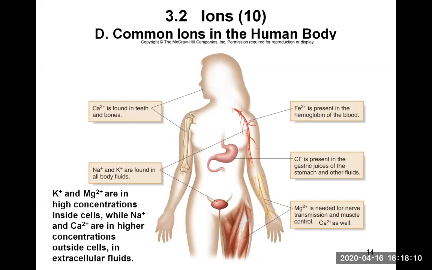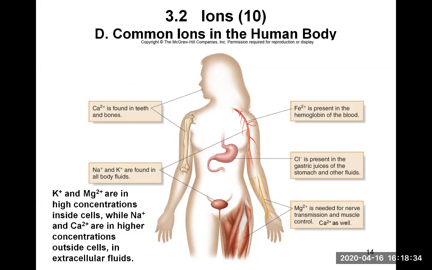And so calcium is a major mineral that is needed and found in teeth and bones. Iron is present in the hemoglobin in the blood, and it's used to carry oxygen. Chlorine is found in the gastric juices of the stomach and other fluids.